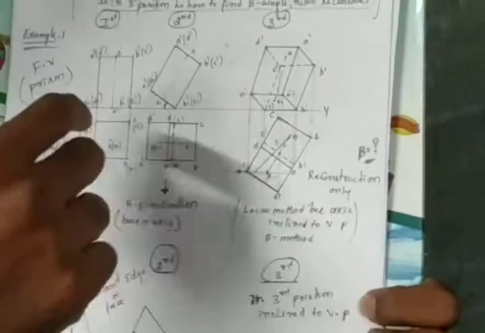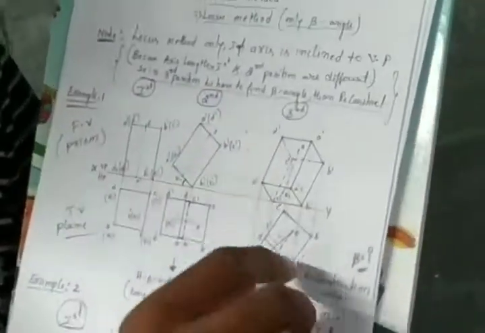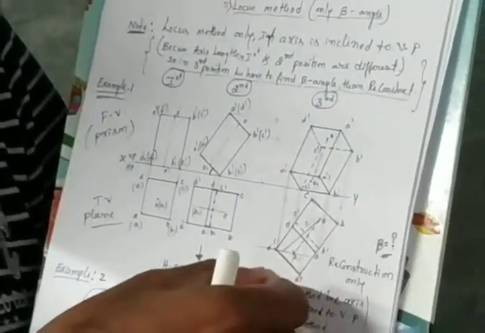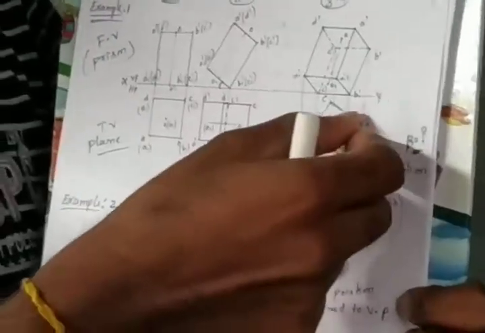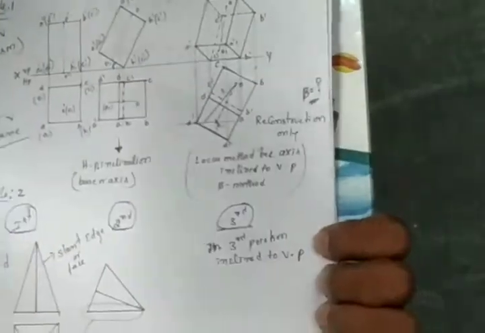But the third position is called a reconstruction. Here there is an axis inclination. First you take this axis, somewhat 50 or 60 mm, and draw it at the given angle, if it is 30 or 45. Then draw one locus line.